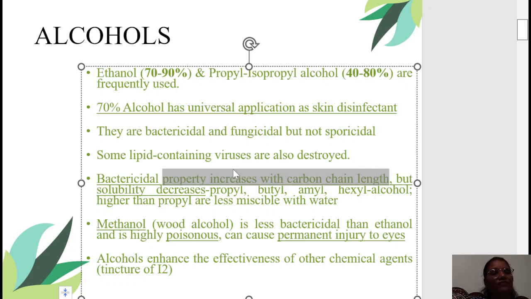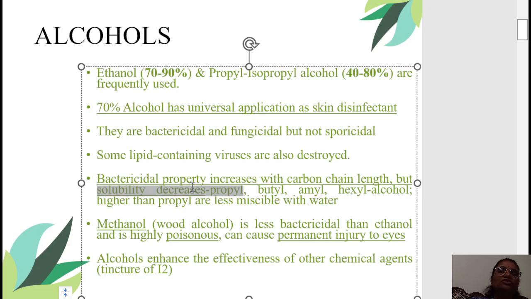However, as the chain length increases, the solubility decreases, so alcohols with a carbon chain length of more than 3, that is butanol onwards, are not commonly used as antimicrobial agents because of their lack of miscibility with water. They are not able to mix properly with water, which is a very essential requirement for an antimicrobial agent, as we have seen in the last video.